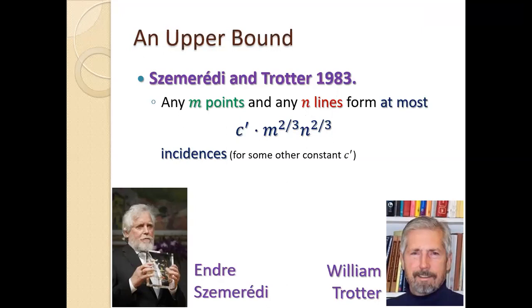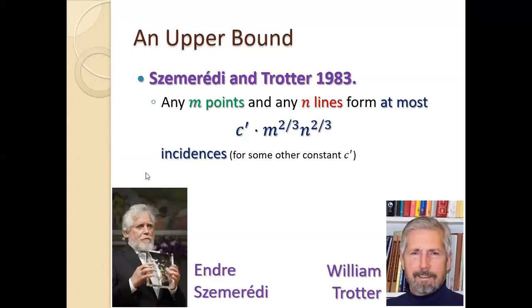So you can imagine, if you like, that Erdős found a construction with, let's say, 10 times this, and maybe they proved that you cannot do more than 20 times this. Okay, so it's not exactly the same number, but it's the same order of magnitude, or the same asymptotic size. The dependency in m and n has to be m to the 2/3, n to the 2/3.